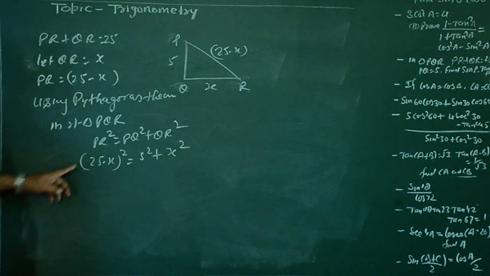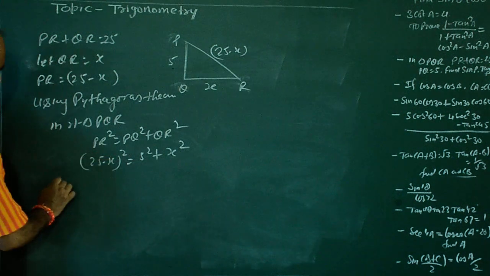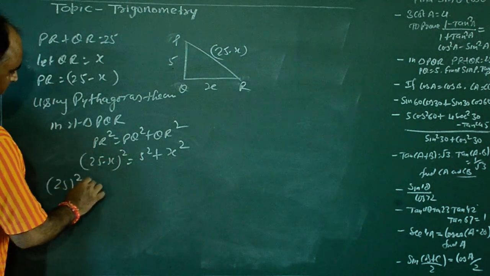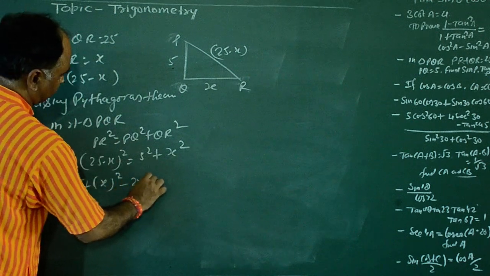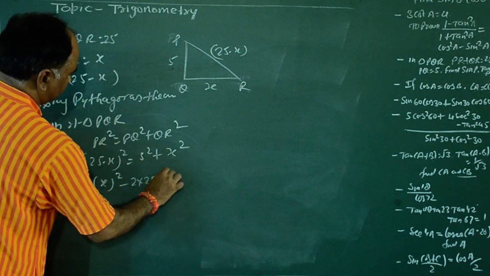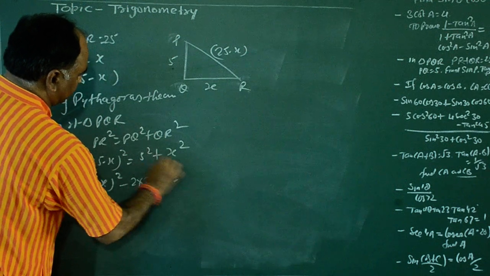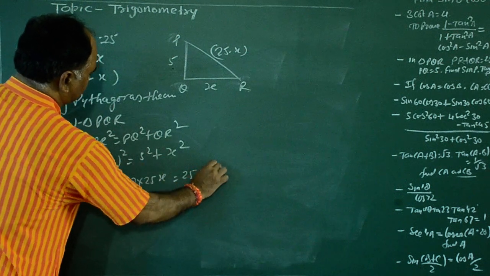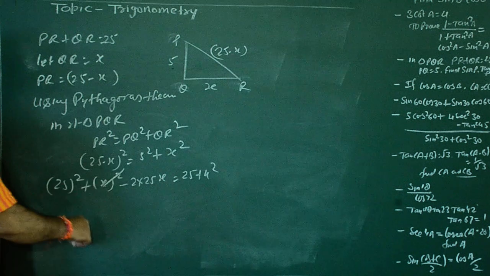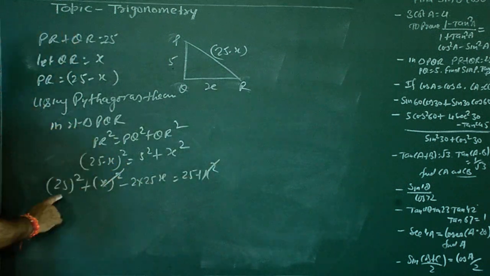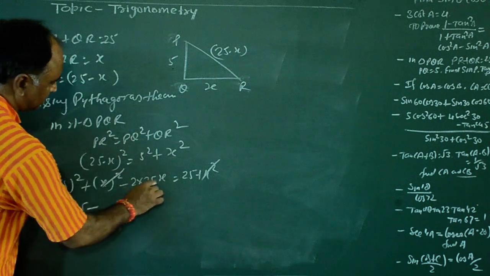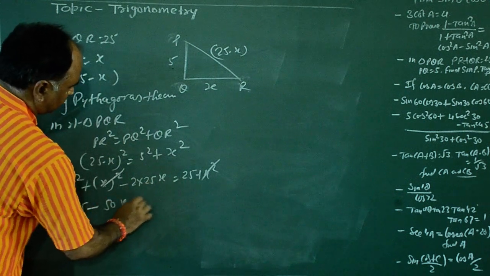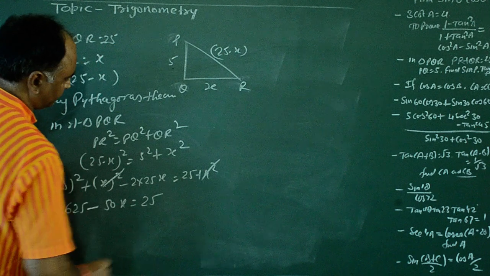Here you have to use the formula (A minus B) whole square, A square plus B square minus 2AB, that is 25 square plus x square minus 2 into 25 into x. Look, x square cancels, and you have got 625 minus 50x equal to 25.